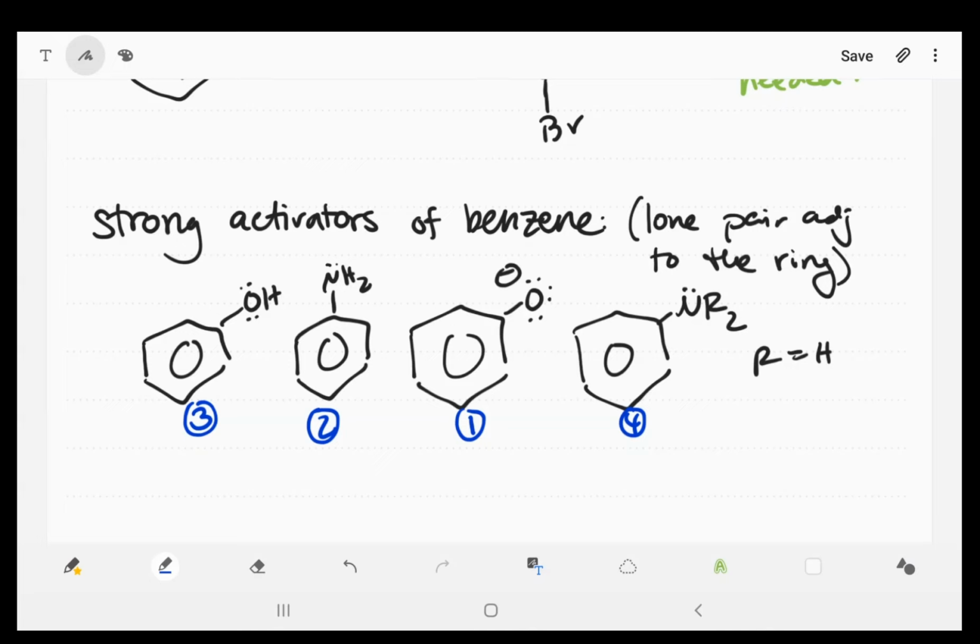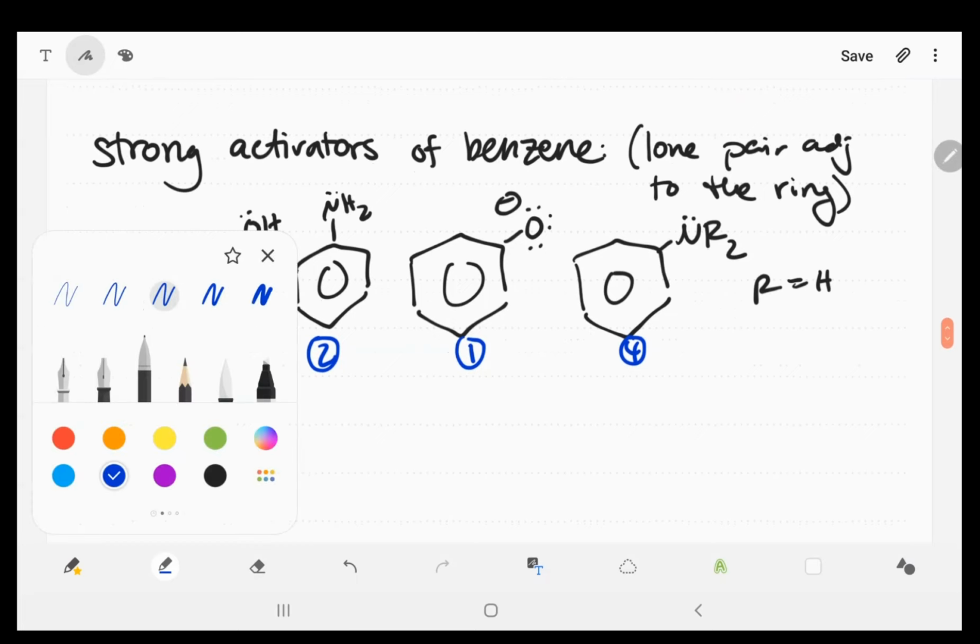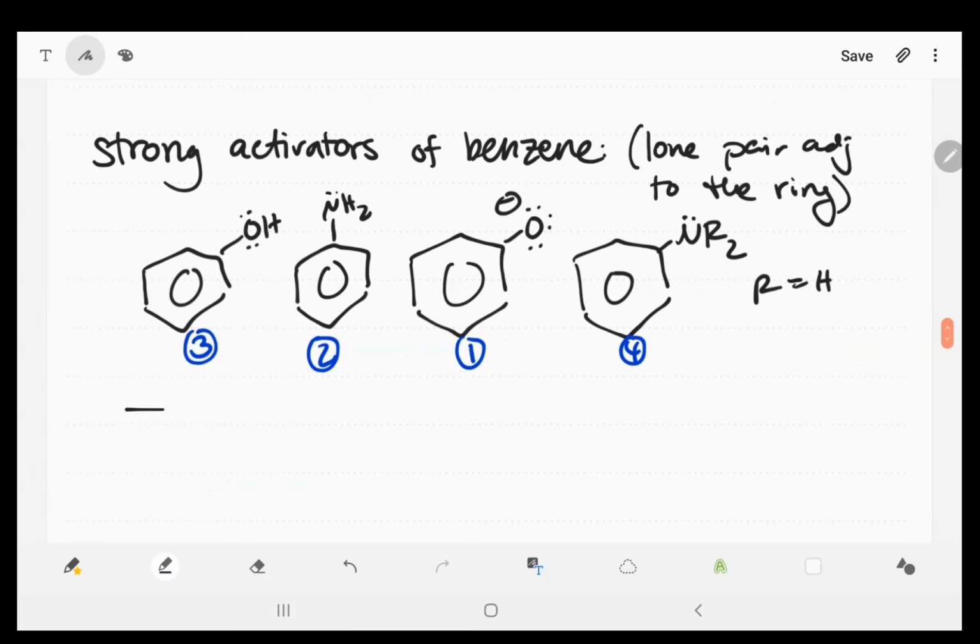Because nitrogen is less electronegative. And then if you have more stuff on, that can make it better or worse, just depending on what you have. So number 4 is kind of a wild card. All right, so these strongly activate your rings.